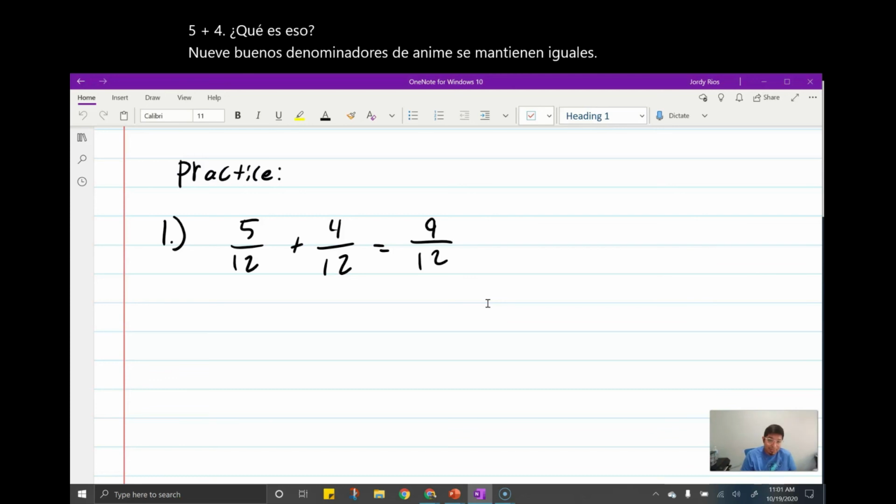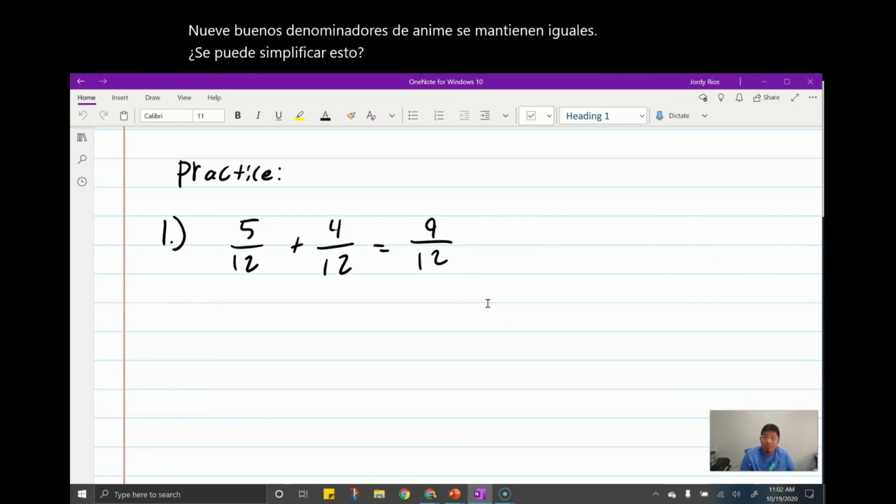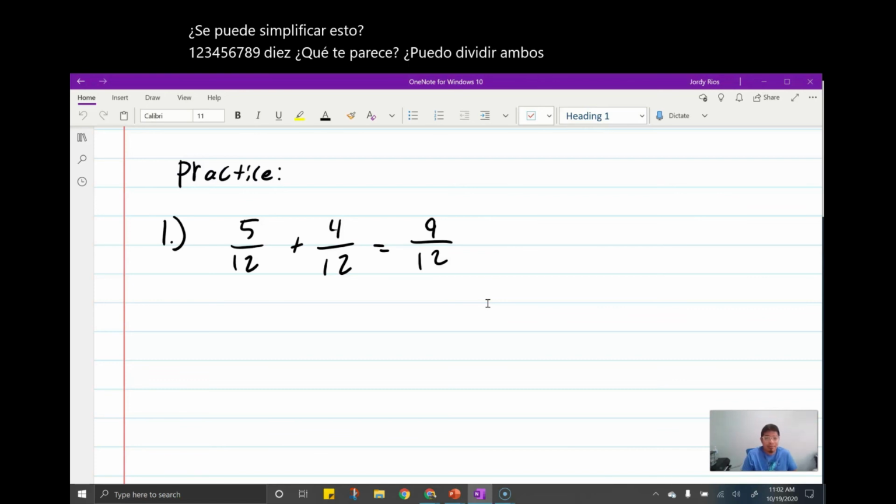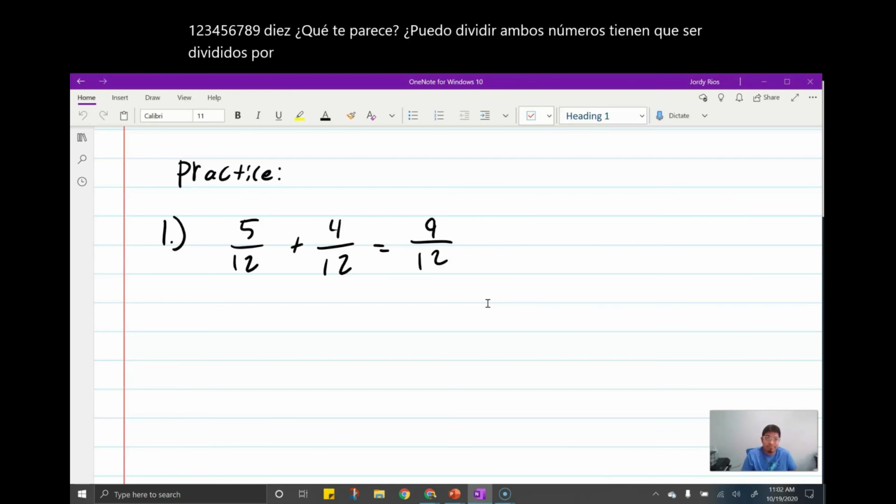Can this be simplified? Can I divide by 1, 2, 3, 4, 5, 6, 7, 8, 9, 10? What do you think? Both numbers have to be divided by the same number. I know I can divide both numbers by 3.